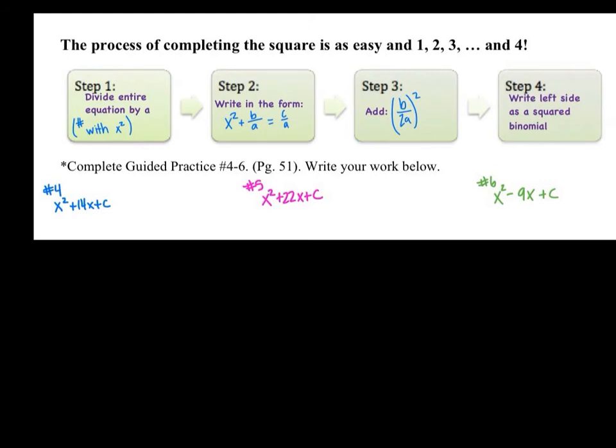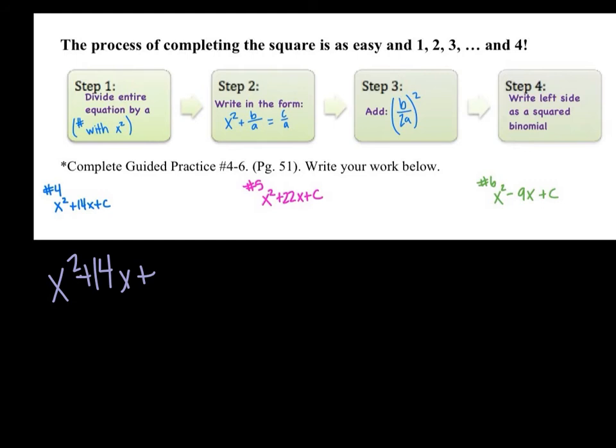So let's look at numbers 4 through 6 in your book, but I wrote them there for you just as practice. For number 4, it says x squared plus 14x plus what gets us to a perfect square trinomial.